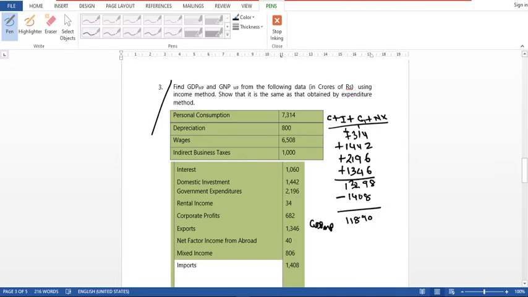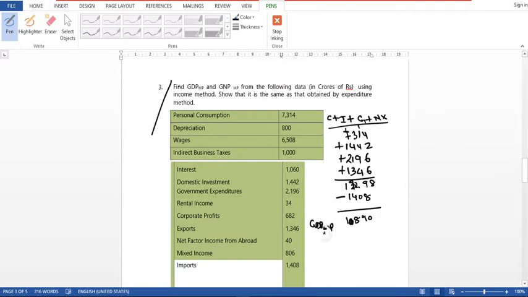I'm probably making some mistake. Just a minute. Okay, sorry, this is my mistake. This 12 is 12. So this will be 10,890. Is it all right?